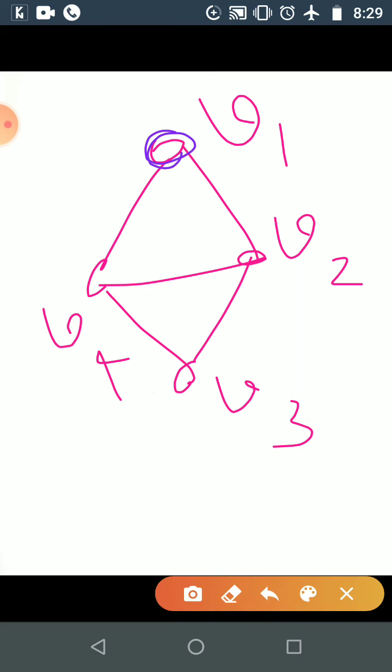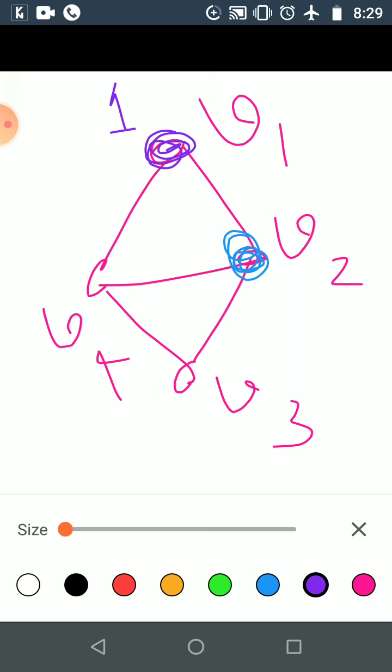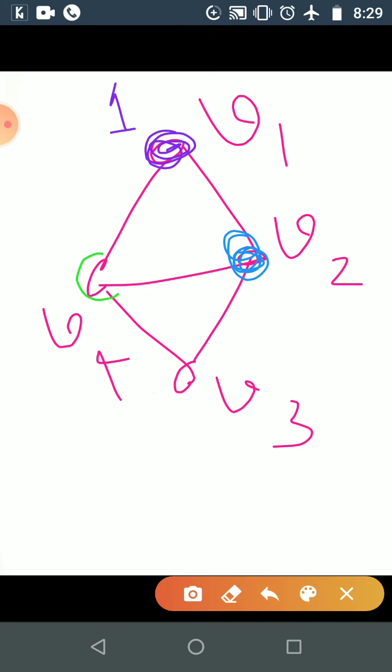So you are coloring the first with color number 1. Second, if this is not adjacent with this one, then you can use the same color, but it is adjacent, so you have to use a different color. So this is a different color, and next is some different color because this is adjacent with this one. So this is color number 3 and this was color number 2.